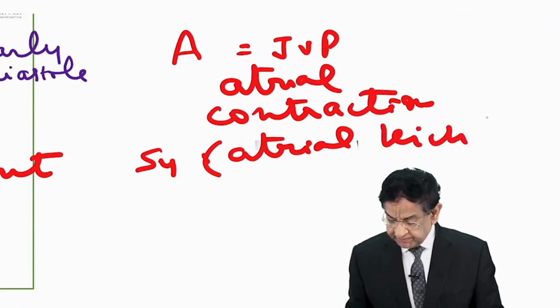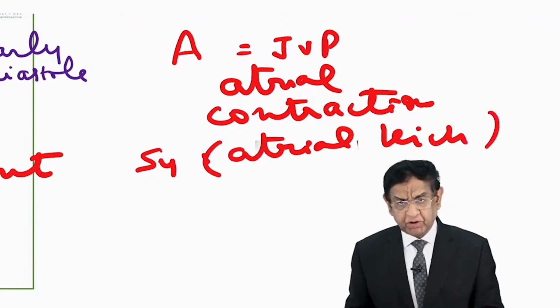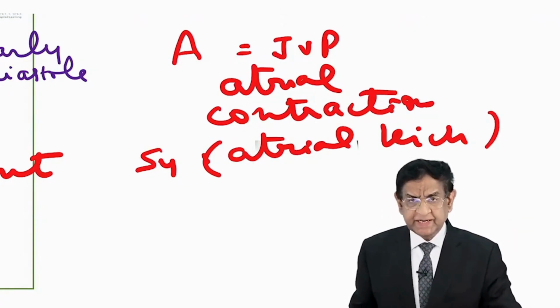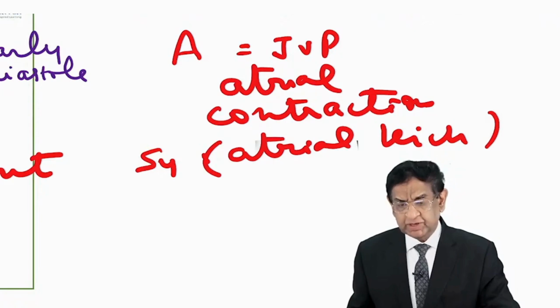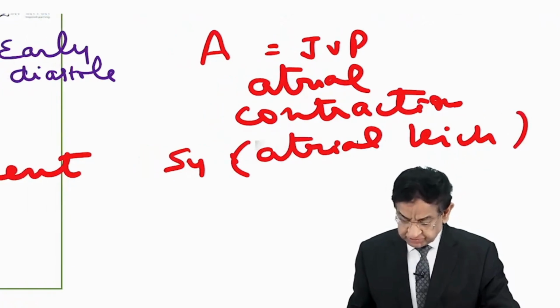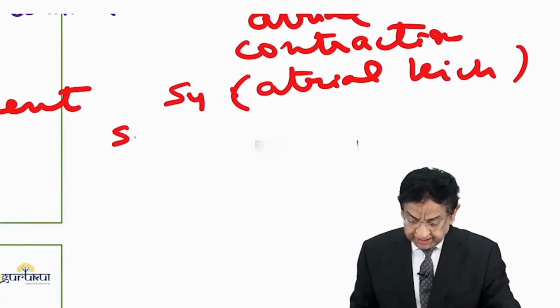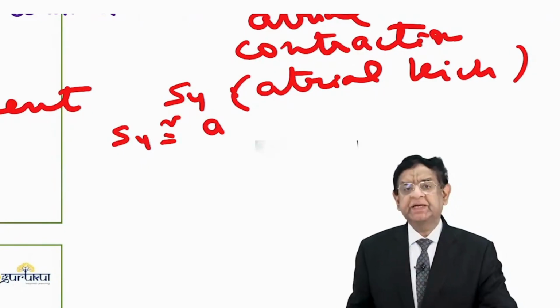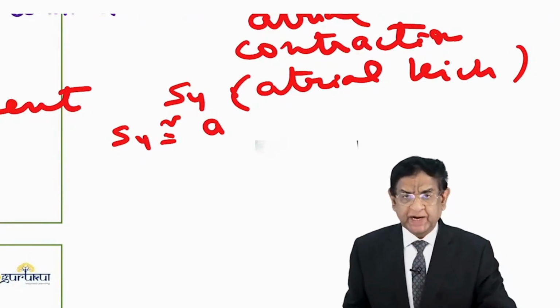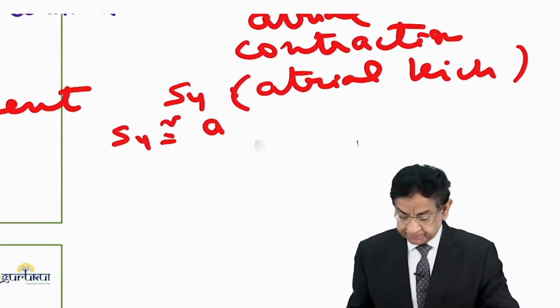It is just like a football player hits the ball, like a kick. Here also the atria are kicking the blood to go into the ventricle, and that so-called atrial kick is there, right? So now I don't need to tell you. S4 will correspond to the A wave in JVP and S3 corresponds to Y descent in JVP.